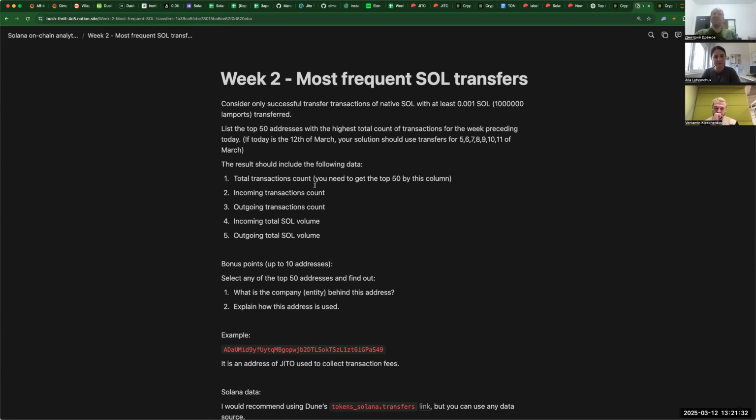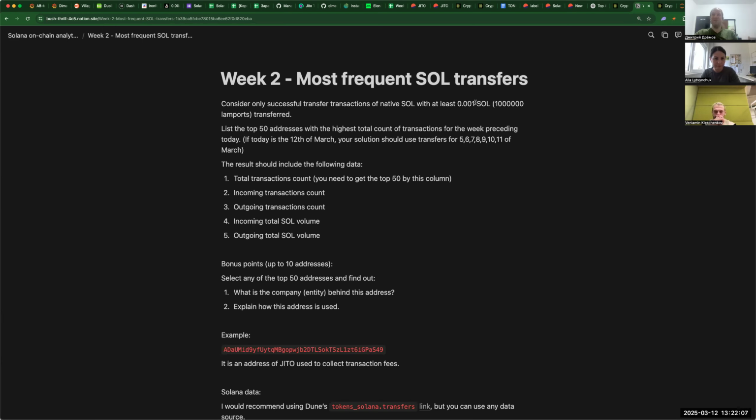We want to find wallets which are most probably technical, doing a lot of transactions incoming or outgoing, and probably used for some services like JITO or maybe some commissions. We don't really know what it is, but we want to find the most used wallets, with some limitations.